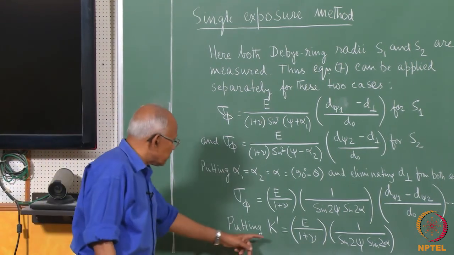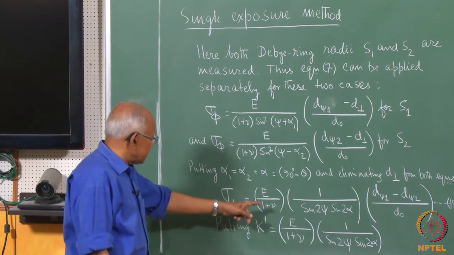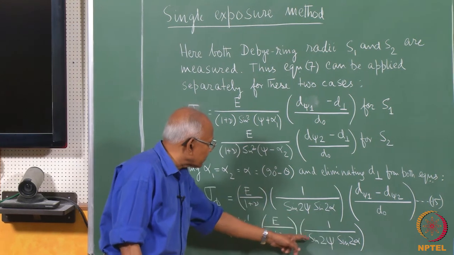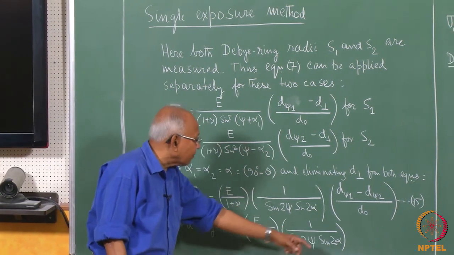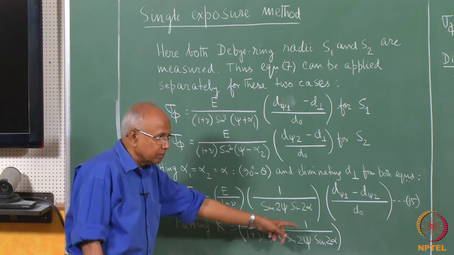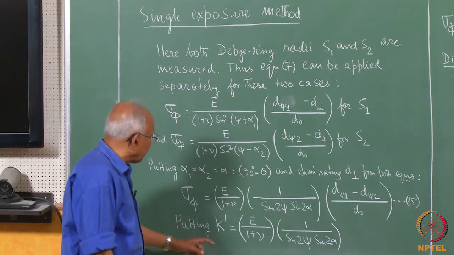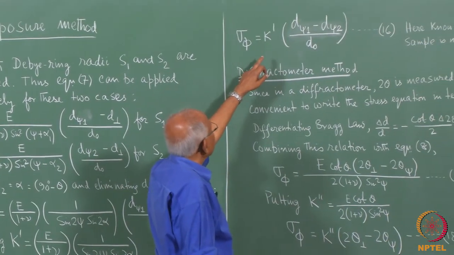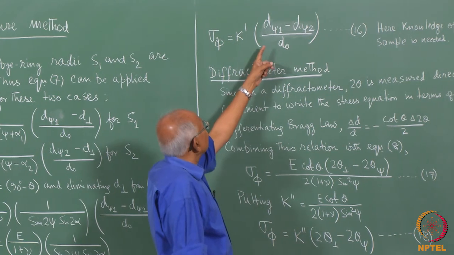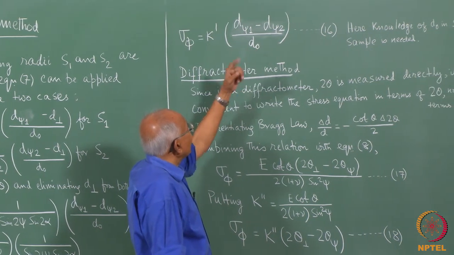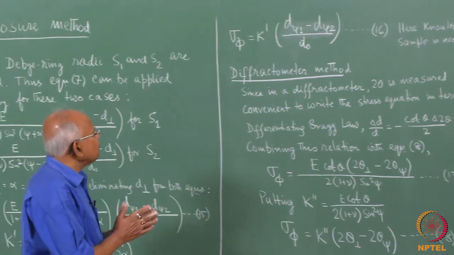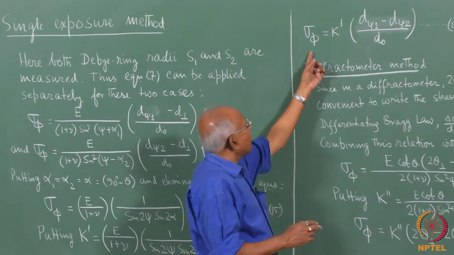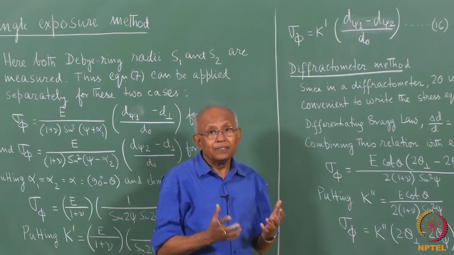Now, if we put k prime equal to E by 1 plus nu multiplied by 1 upon sin 2 psi sin 2 alpha, all these things can be calculated and we can find out the value of k prime. We can write sigma psi is equal to k prime multiplied by d psi 1 minus d psi 2 divided by d 0. So, in this method we need to know the value of d 0 in order to find out the value of sigma phi. This is important.